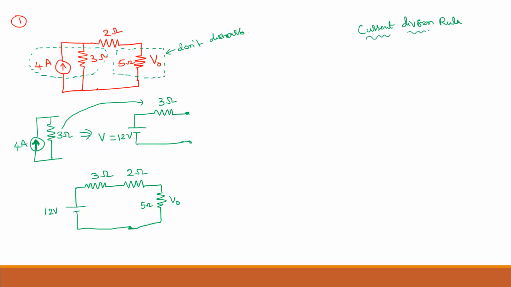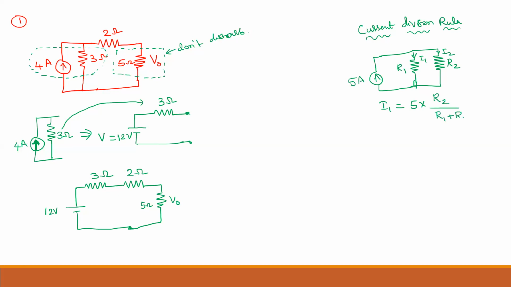If two resistors are connected in parallel, and some current source is there, just assume like this, 5 ampere, with R1 and R2 in parallel. If I want to calculate I1, it is the total current into the opposite resistance, R2, divided by the total resistance, R1 plus R2.